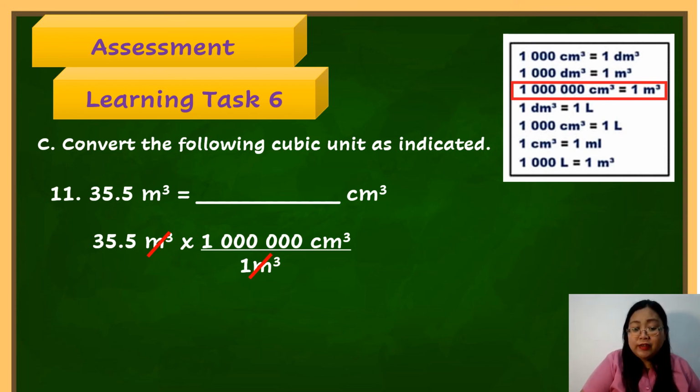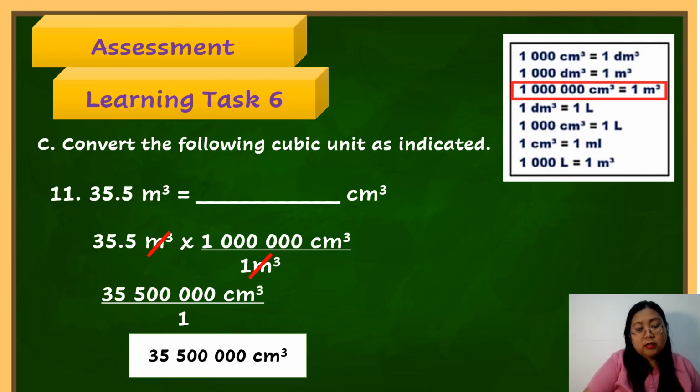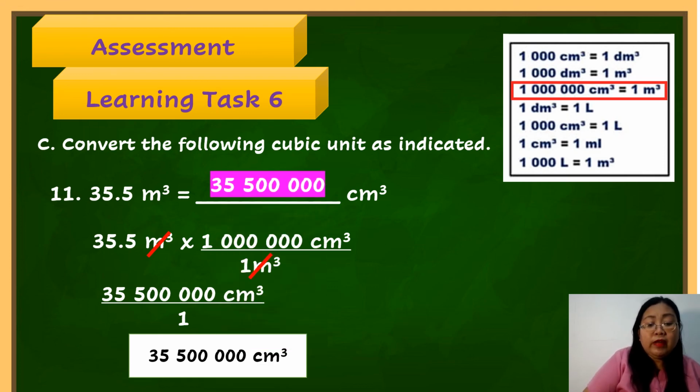Let us cancel first the cubic meter. And then 35.5 times 1 million cubic centimeters is equals to 35,500,000 cubic centimeter divided by 1. The answer is 35,500,000 cubic centimeter. So 35.5 cubic meter is equals to 35,500,000 cubic centimeter.